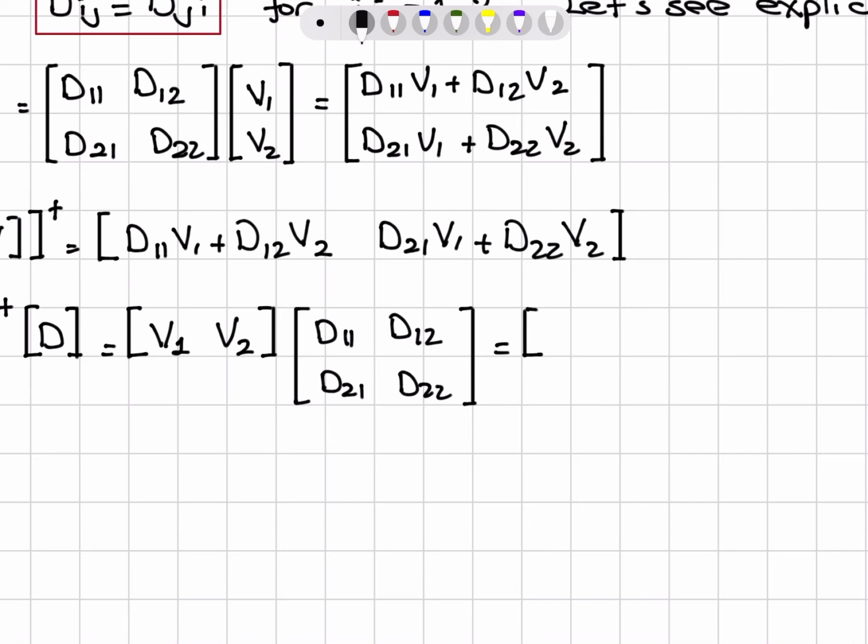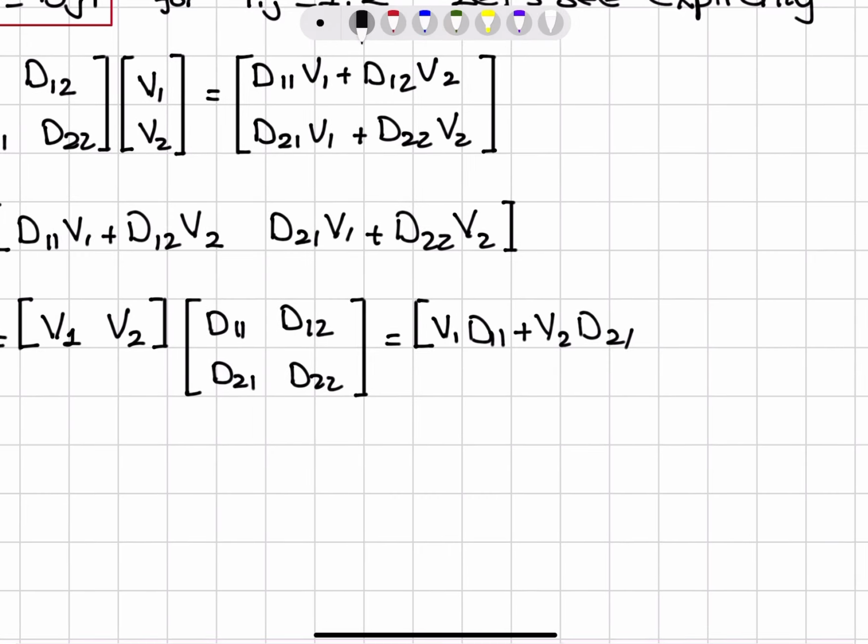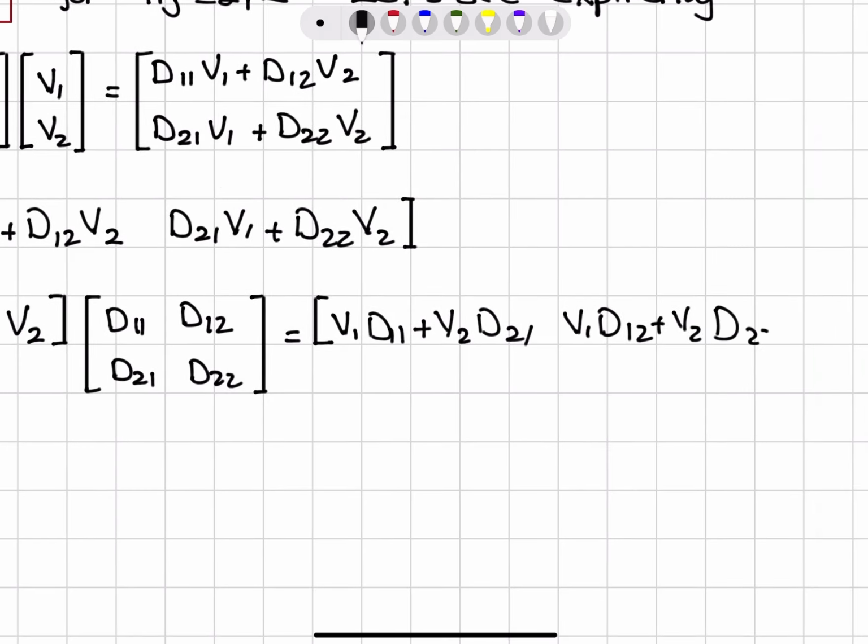So it will be V1 D11 plus V2 D21, and the second element V1 D12 plus V2 D22.